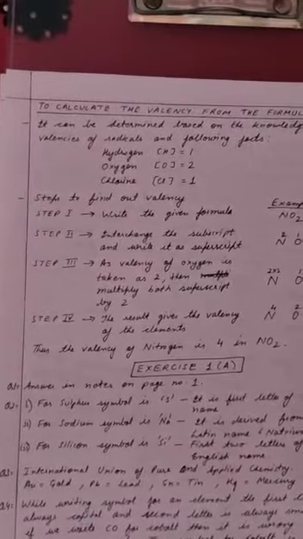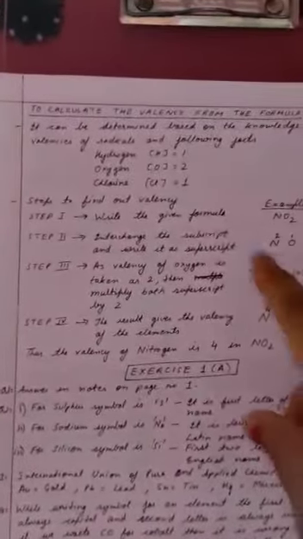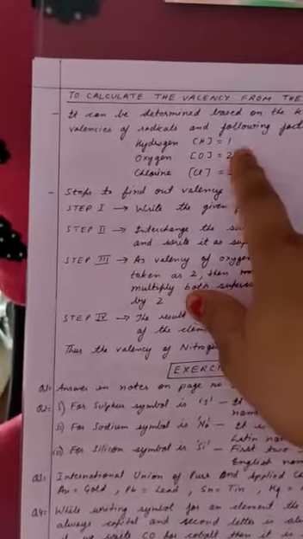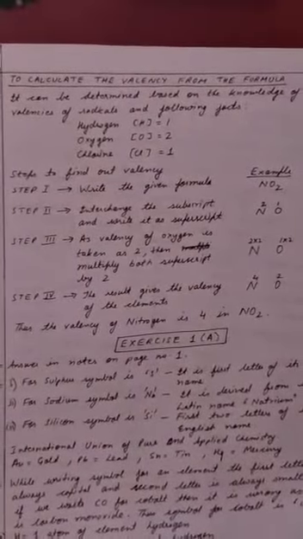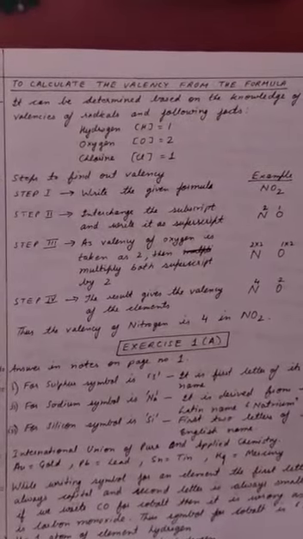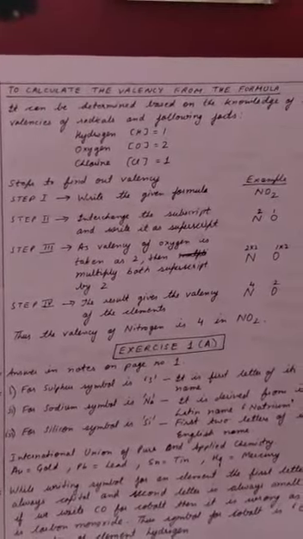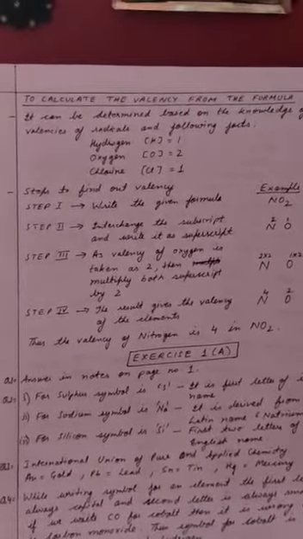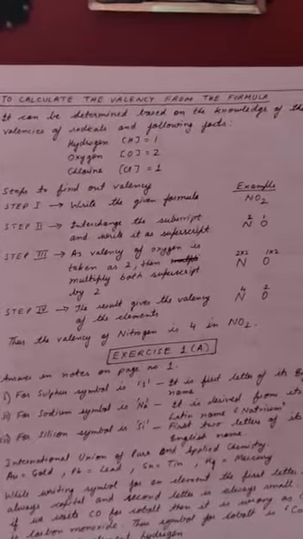As the valency of oxygen is taken as 2, as we have said that oxygen is said to have valency 2, friends, we have to multiply both superscripts by 2 because it is standard that the valency of oxygen is always taken to be 2, but while we interchange, oxygen gets valency 1.